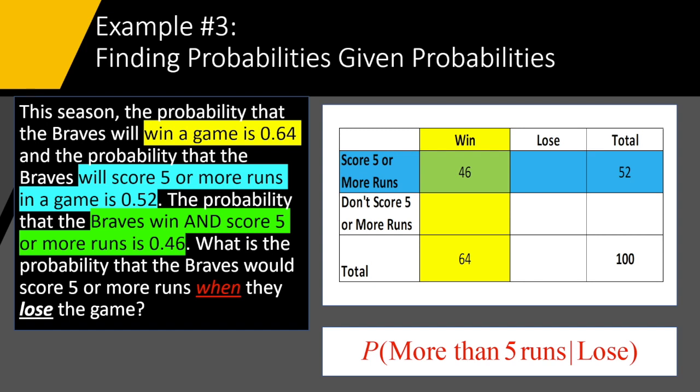So we were told that the probability that they win a game is 64 out of 100, and the probability that they score 5 or more runs is 52 out of 100. So I've entered those in the two total areas. And then the probability that they win and score 5 or more runs is 46 out of 100.